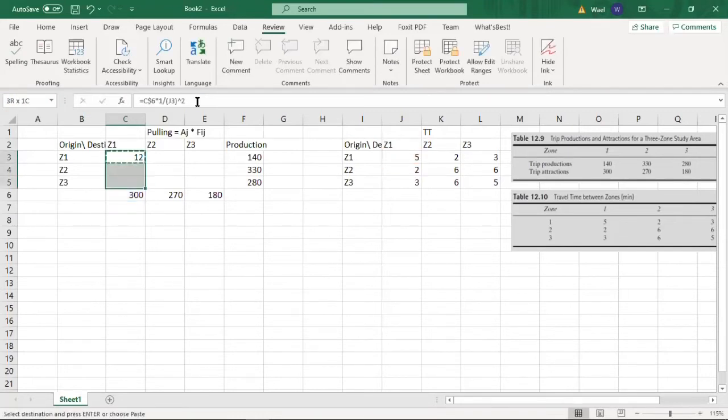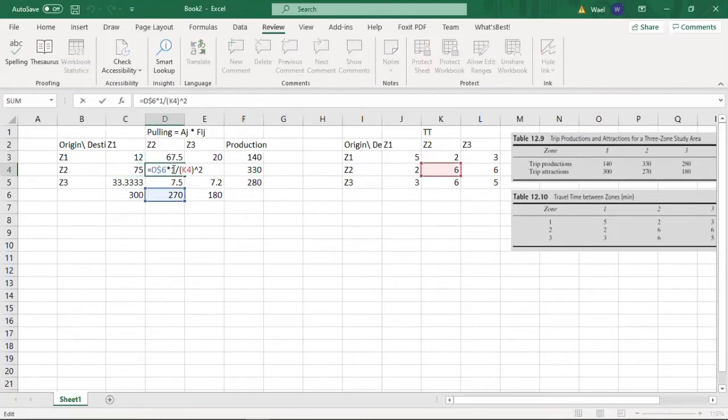So this is going to be the pulling force. Let me just check to make sure that we are correct. Yes, that's correct.